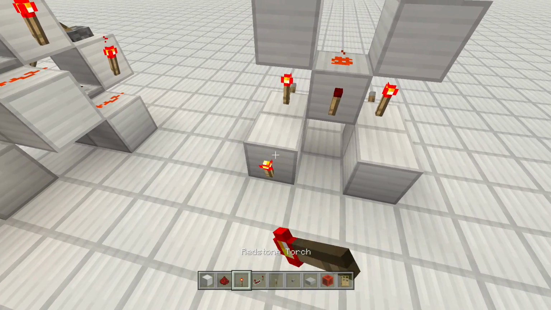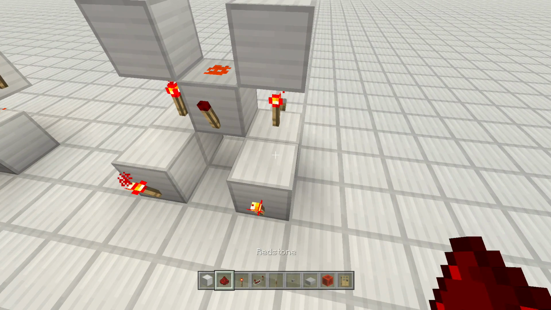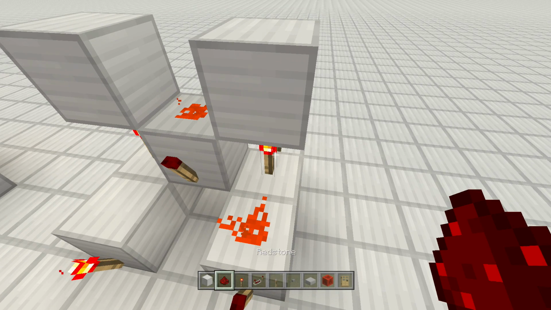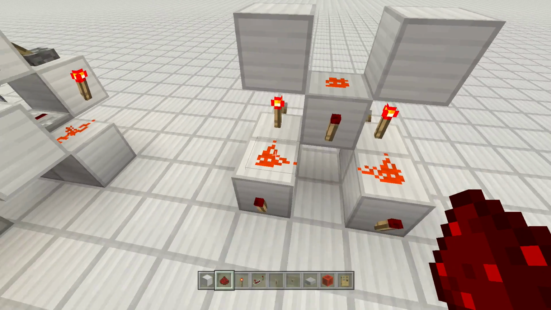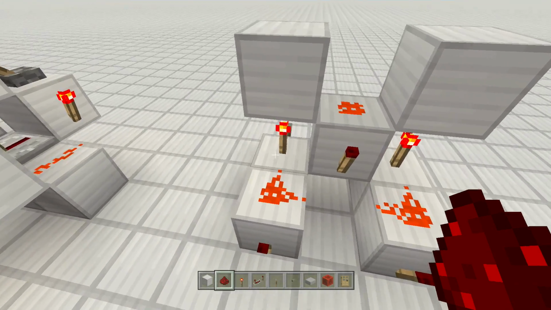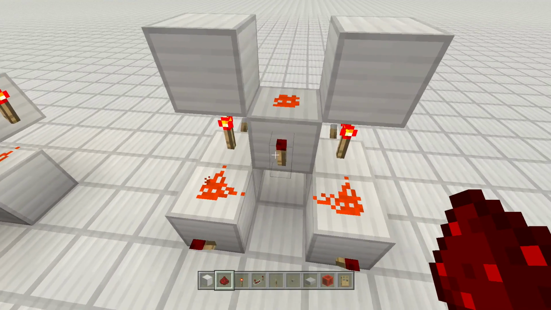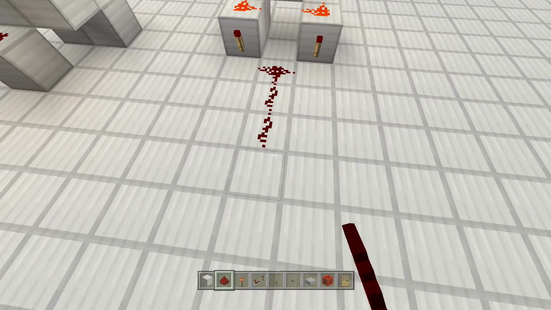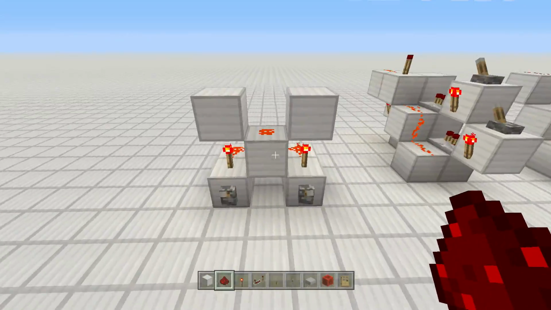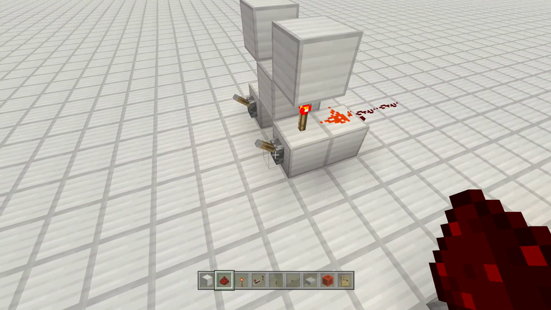And then you put your 2 other torches and you connect them. So this is your first inversion, second inversion. And this torch overrides at the same time, and this is just your output. So right now this is your complete XOR gate, already done.